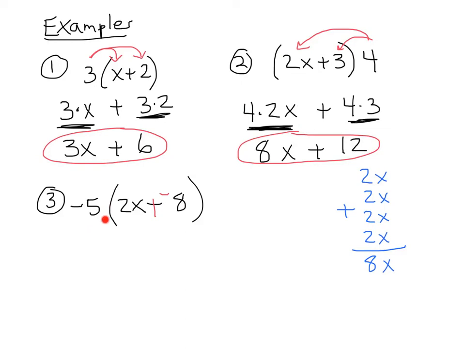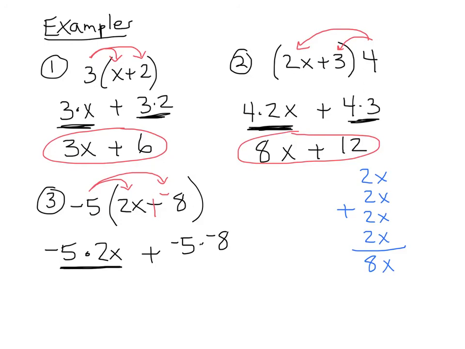Here's multiply right here, a number next to parentheses, with respect to addition. So you're going to take that and distribute the multiplication. You're going to take that negative 5 and distribute it twice, multiply it twice. So you're going to have negative 5 times 2x plus negative 5 times negative 8.